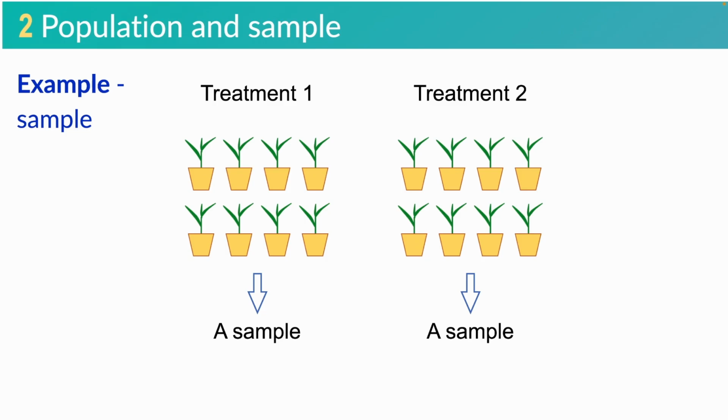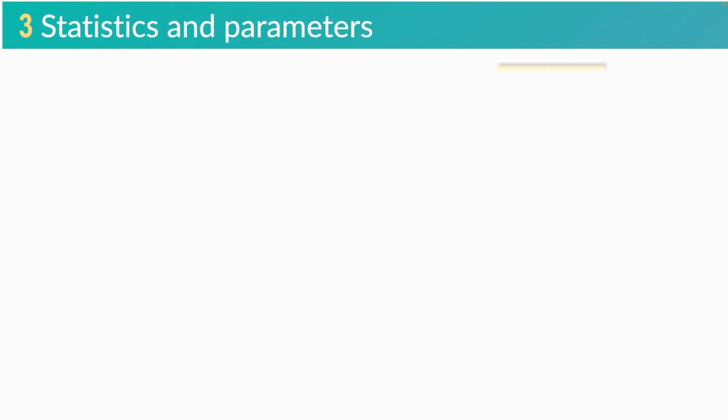In this case, each group is considered a sample. In this type of study, the population is not defined, and we often estimate the population parameters based on the collected sample.